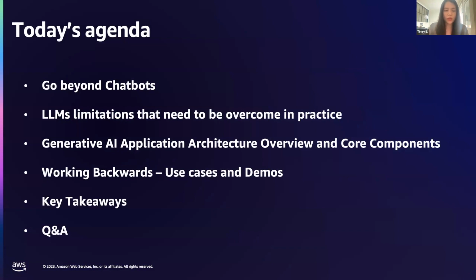At the same time, we're going to go through some limitations that LLMs have by nature, that need to be overcome by building a generative AI application. Then we're going to cover the general architecture overview and some of the core components. Then we're going to work backwards from some sample use cases, and I'm going to show you a few demos. Then we're going to drill down into the Q&A and conclusion part.